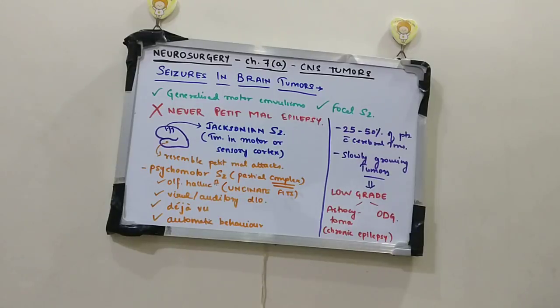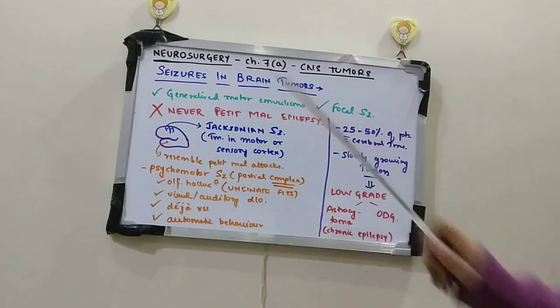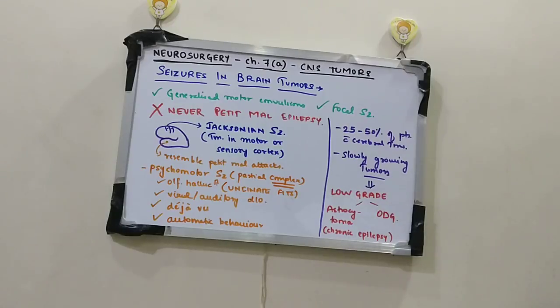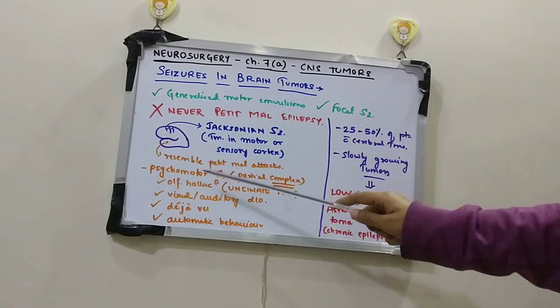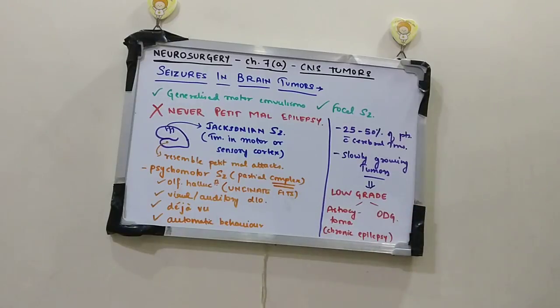Along with that, temporal lobe tumors characteristically, because the temporal lobe is linked to your emotional center, your limbic system, produce psychomotor seizures, also known as partial complex seizures.